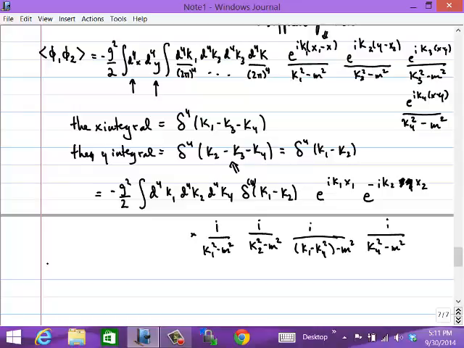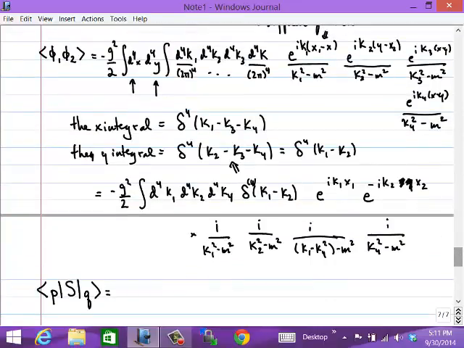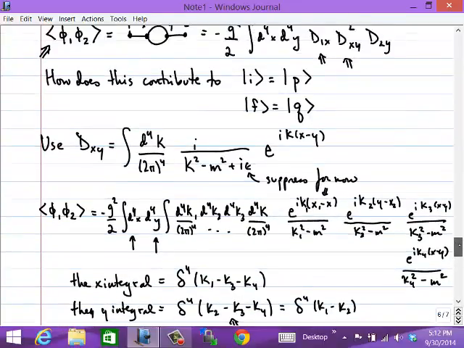So we can now go ahead and plug this into our expression for the scattering amplitude. If you want to understand the amplitude for a state with initial momentum q to scatter into a state with final momentum p, you need to do 2 more x integrals. Okay, we have an integral d4x1 of e to the minus i p x1. I might have mixed up what I called p and q here.